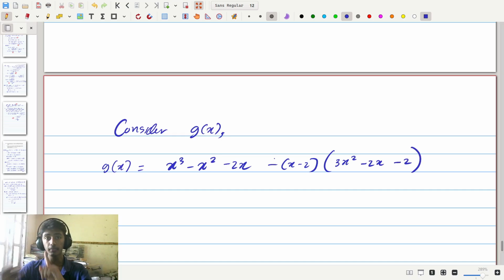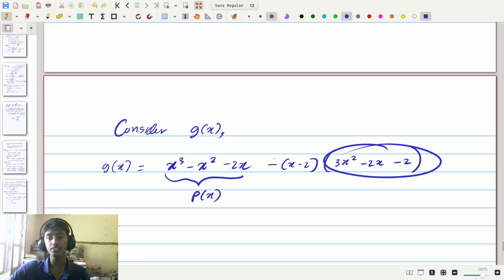Now, consider the format of this thing that we have here. This is x minus 2. This thing right here, if we call it p of x, let's see if this is right. This right here is the derivative of p of x.